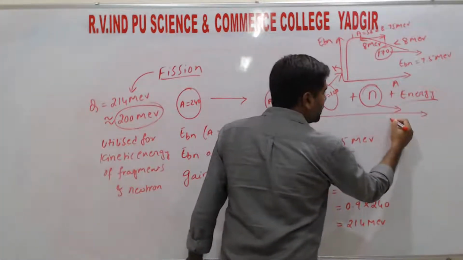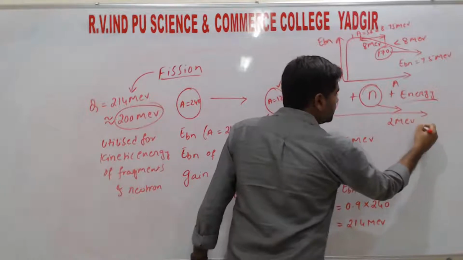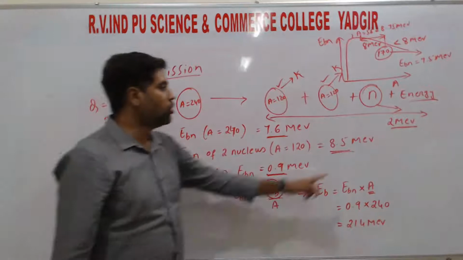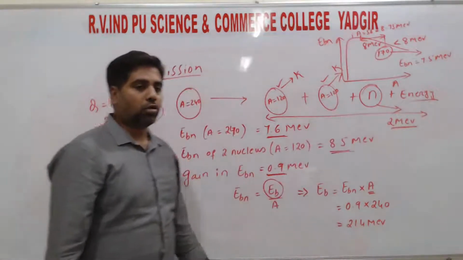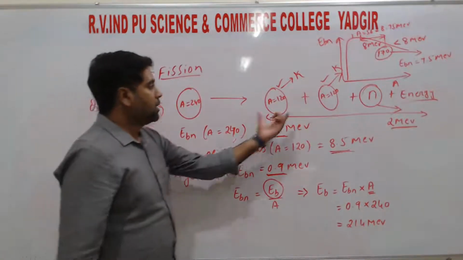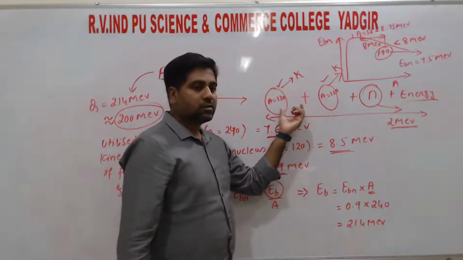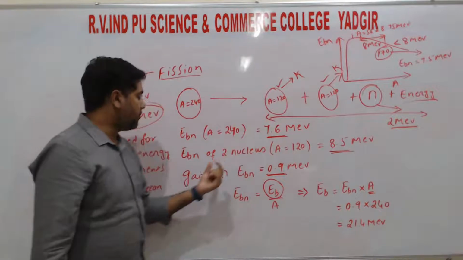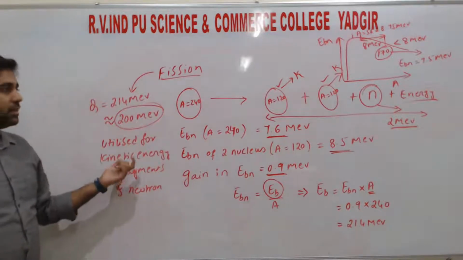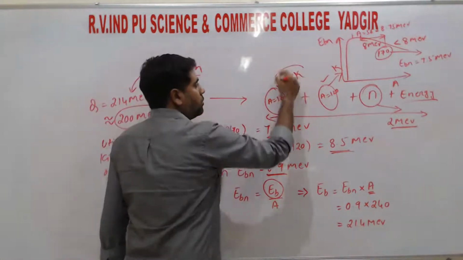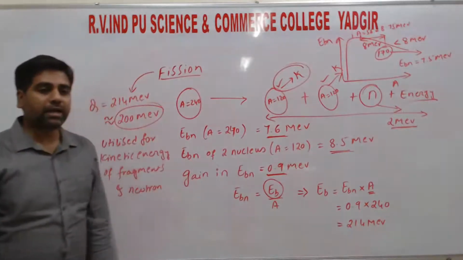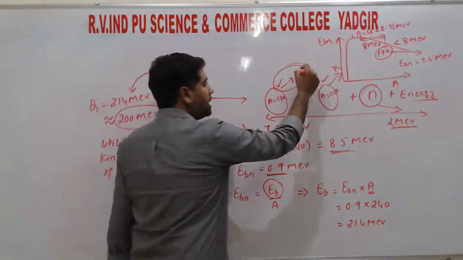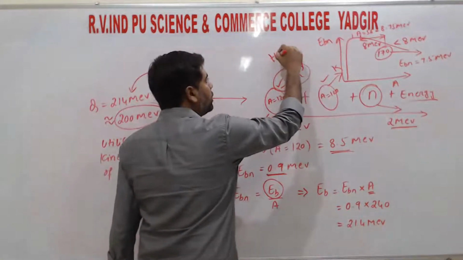Right? Here the kinetic energy of the neutron, as discussed in the last class, is almost around 2 mega electron volt. When these comparable masses, that is fragments of the heavy nucleus, travel with kinetic energy, this kinetic energy is transferred to the surroundings and converted into heat energy.